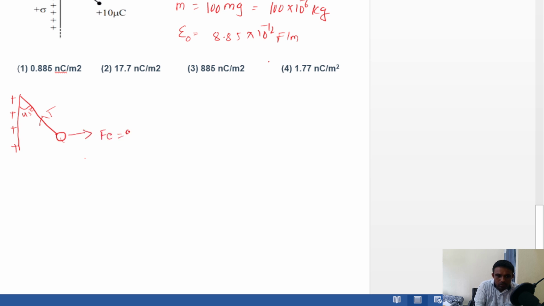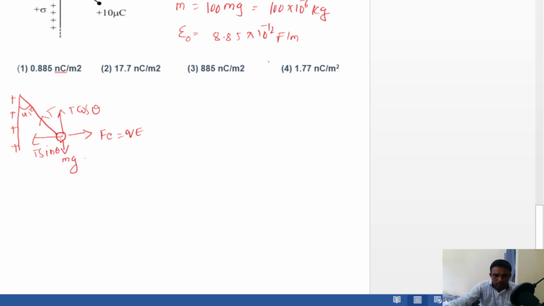Electrostatic force Q into E. Okay. The acceleration due to gravity is always downward. Mg is always downward. When the tension is inclined, then it is split into two components. One is T cos theta, the other one is T sin theta. Okay.